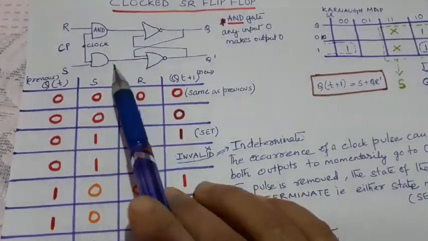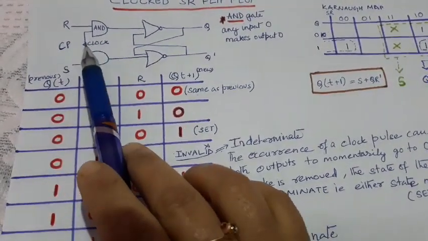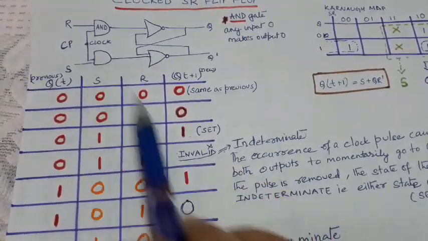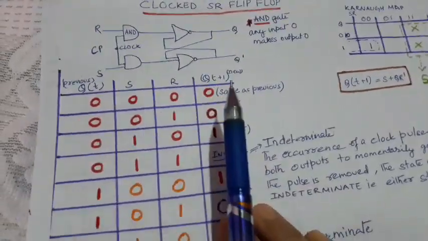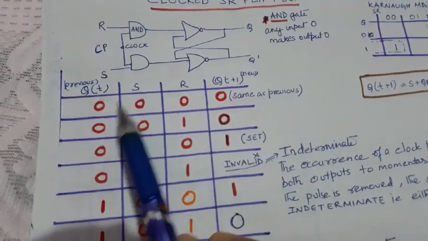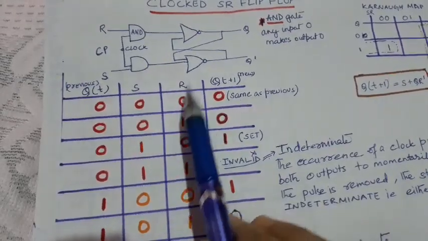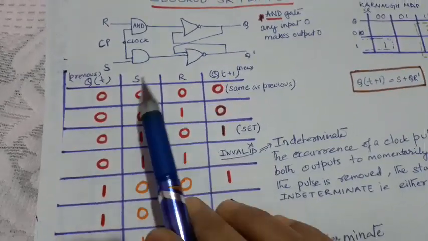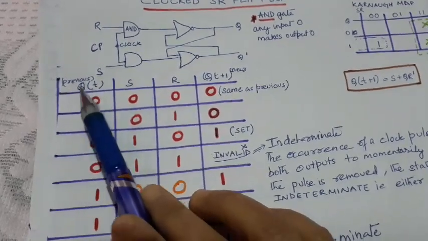Also we have to understand that this truth table will be enabled as long as CP is equal to 1. If CP is 0, that means no matter what value is here, this circuit will be disabled. So let's quickly go in. First of all, we will take S and R as 0. Before we begin, we have to assume the previous Q value.